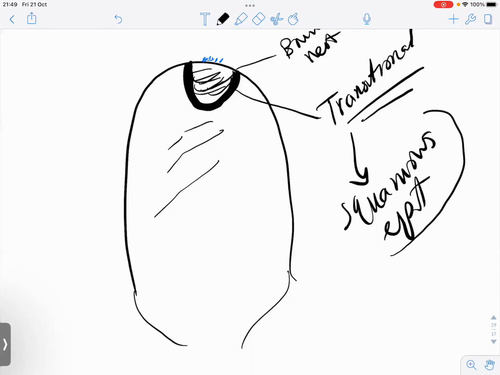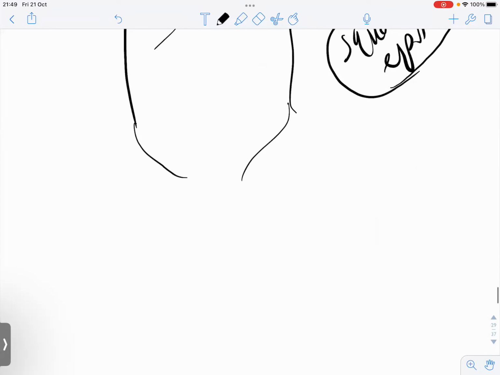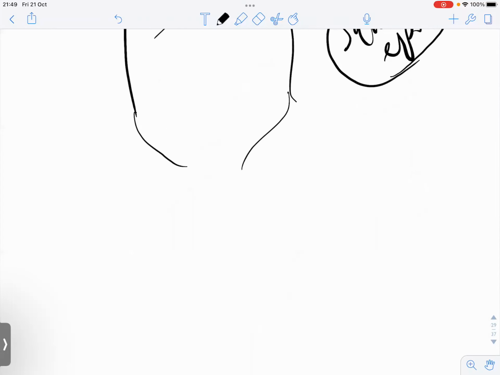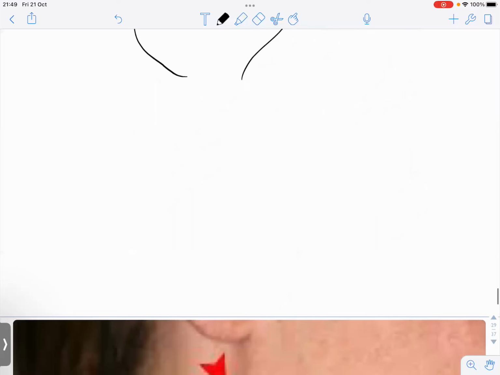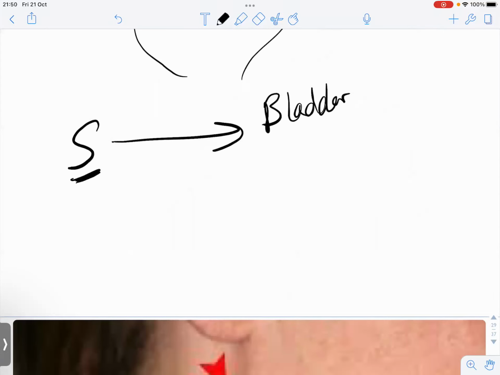So it will transform into squamous epithelium. So it's called squamous metaplasia of the bladder. The third S and B: bladder. And you have two bladders, the urinary bladder and the gall bladder. S, stones.